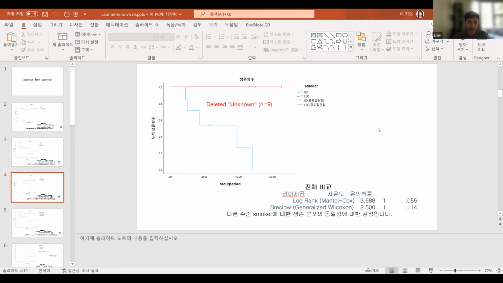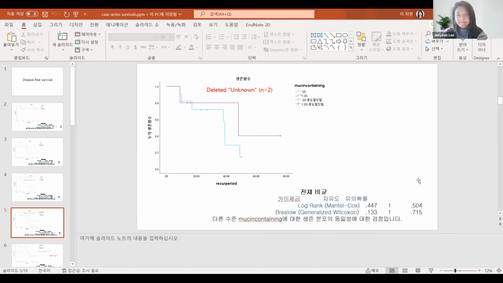On the x-axis, was the recurrence period, survival in months? Yes, months. And this is mucin containing.